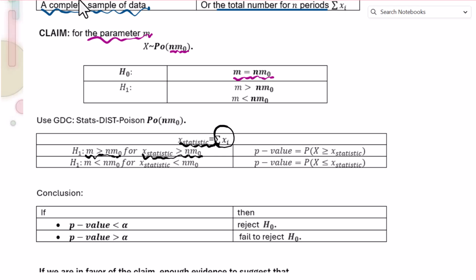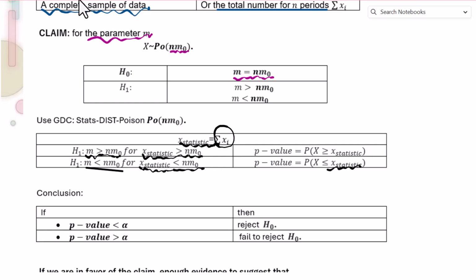When X statistic is less than n times M0, H1 will be M less than n times M0, and the p-value equals the probability of X less than or equal to the X statistic.